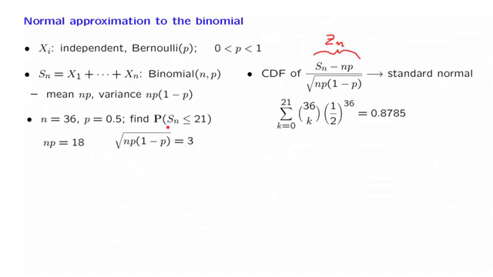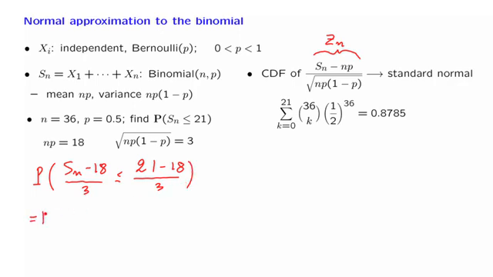Now, since we know something about the CDF of this random variable, what we need to do is to take this event and rewrite it in terms of this random variable. So we have the event of interest, which is that Sn is less than or equal to 21. This is the same as the event that Sn minus 18 is less than or equal to 21 minus 18, and it's the same as this event here, where we divide both sides by 3.